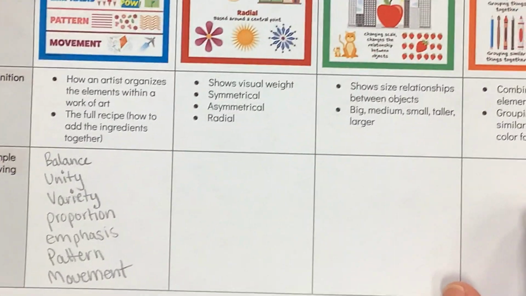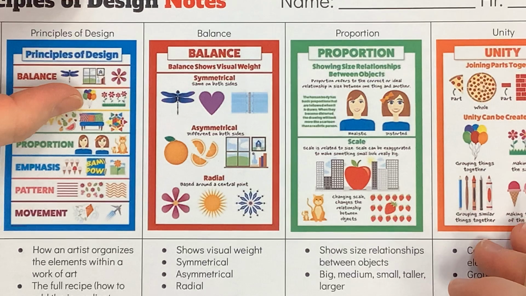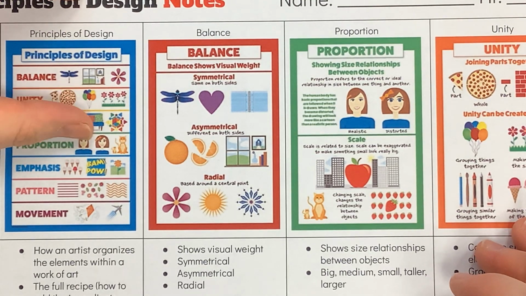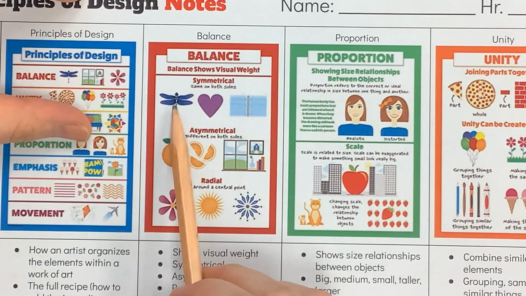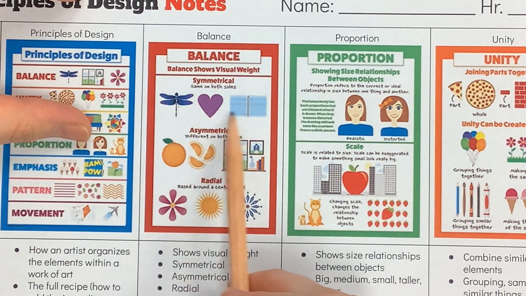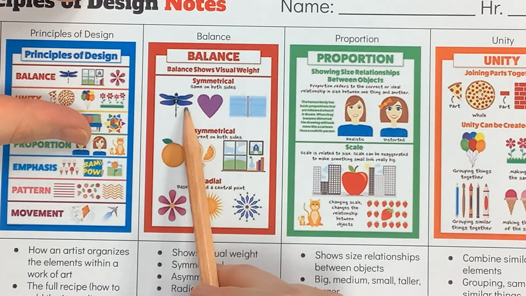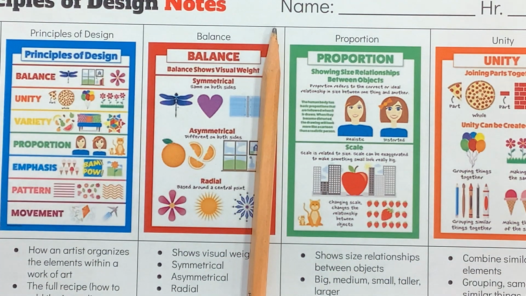Okay, so the first one we're going to talk about is balance. Okay, there are actually three types of balance, and balance shows visual weight. So when we talk about balance, we say, hey, that picture looks a little off balance, or it looks balanced. So symmetrical balance, as this picture shows, is the same on both sides. It's kind of like if we were to take your hands.